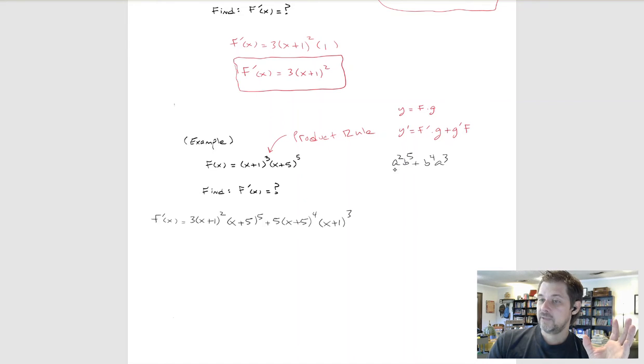For example, each of these two terms has a common factor of a and b. The most a's that you have in common are 2, because this has 2 a's and this has 3, so there's 2 in common. And the most b's you have in common is 4, because this term has 5 and this term has 4.